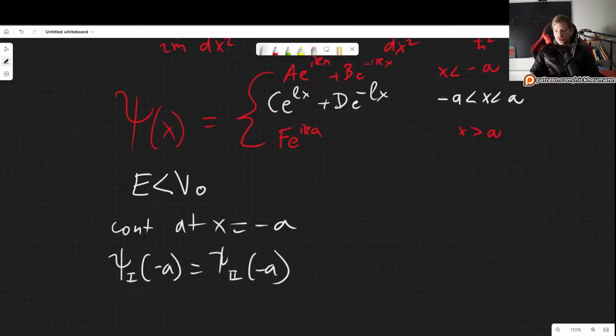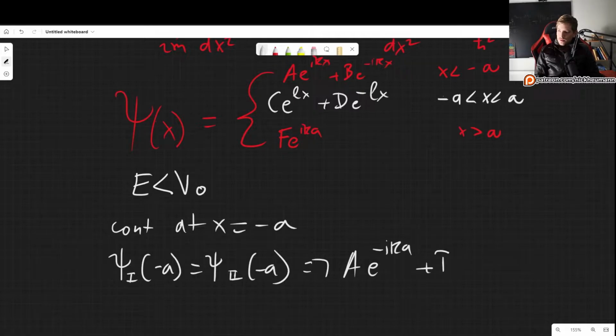From this, we get A e to the minus ika plus B e to the ika equal to C e to the minus La plus D e to the La.